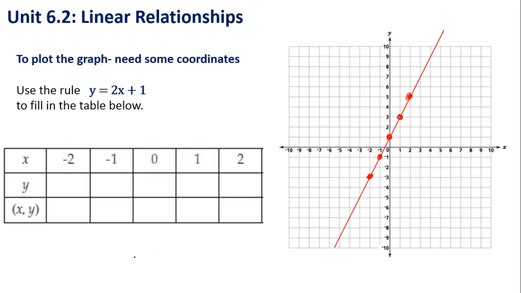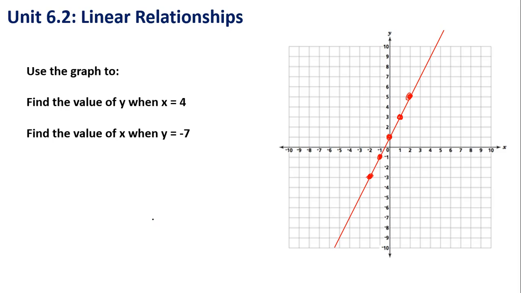We can use our graph to find a few things. Say we want to find the value of y when x equals 4. Remember, each point on this line has an x value and a y value. So we go along to x equals 4 and then go up to the point on the graph that corresponds to x equals 4. That's here.